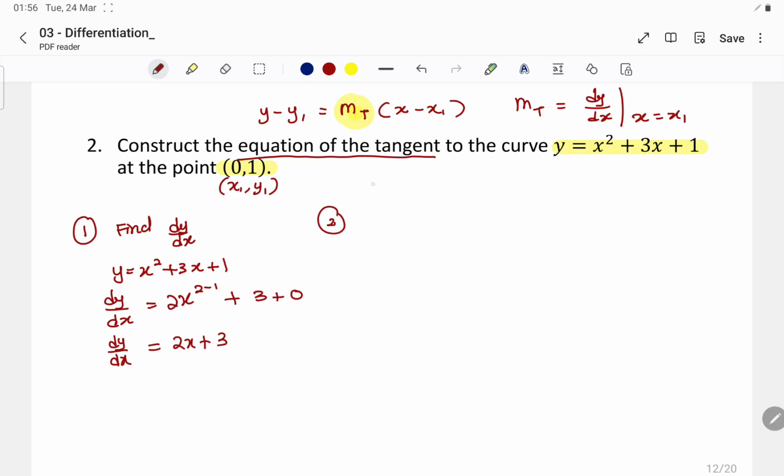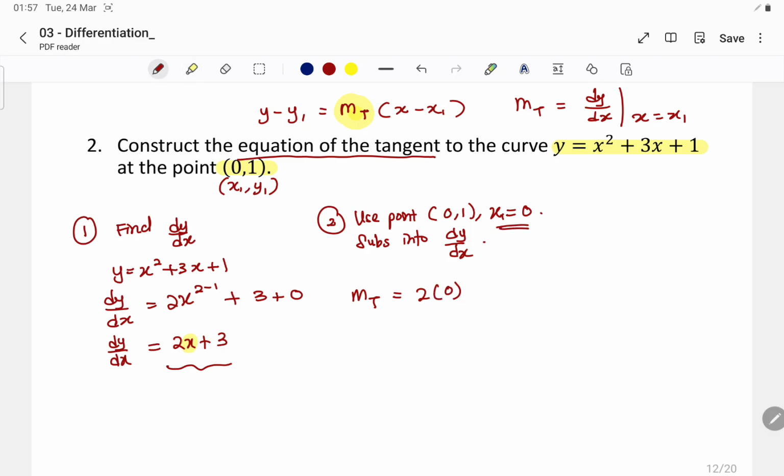Second step, use the point (0, 1). Then you get x1 equal to 0, correct? Then substitute inside dy/dx to get mt. You have your dy/dx already, 2x plus 3. So substitute x equal to 0 from the point. 2 times 0 plus 3, you get 3.